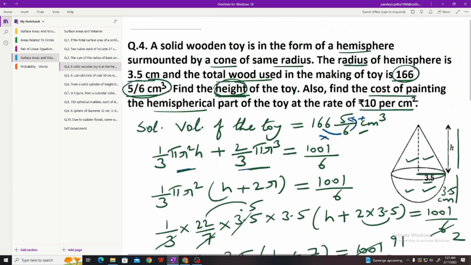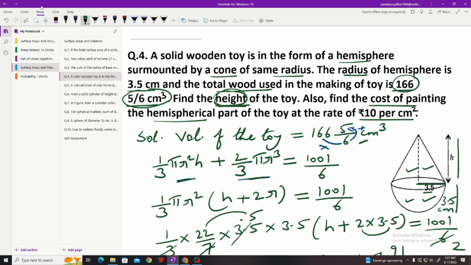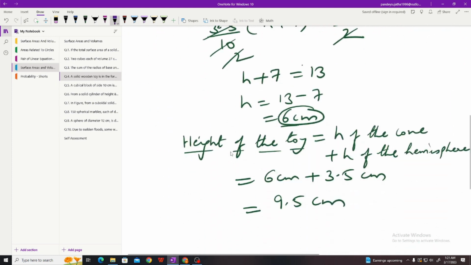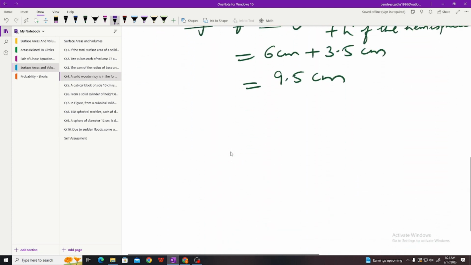So now we need to find the cost of painting the hemispherical part of the toy at the rate of rupees 10 per centimeter square. When it comes for painting, then we need to find the surface area.